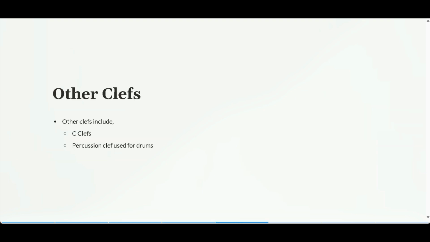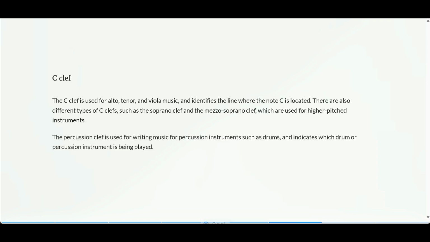Now other clefs. There are C clefs and percussion clefs as well. There are a lot of clefs, but these are the most important ones.